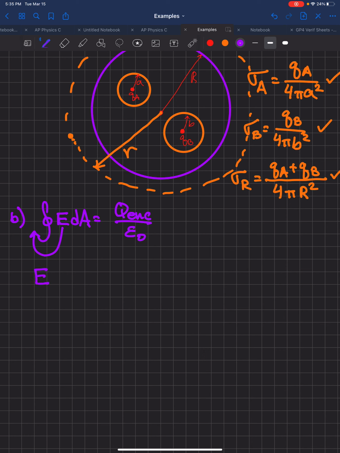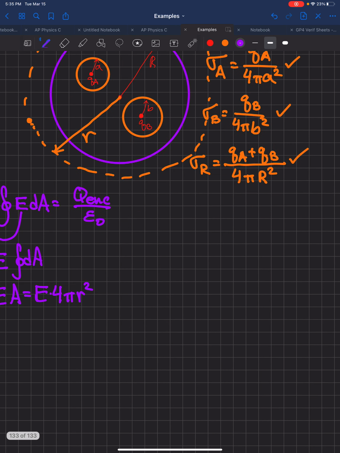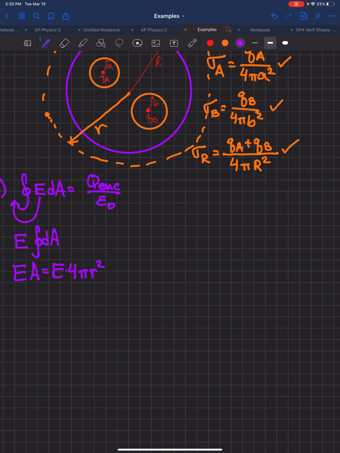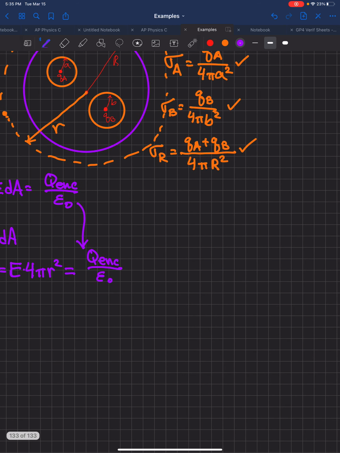So you have E times the integral of dA, which gives you E times A, which is equal to E times 4 pi little r squared, the area of our Gaussian sphere. That's going to be equal to the right side of Gauss's law, the Q enclosed over epsilon naught. Well, what is the charge that's enclosed? It's just QA plus QB. Those are the only two charges, so those are the ones that are enclosed.